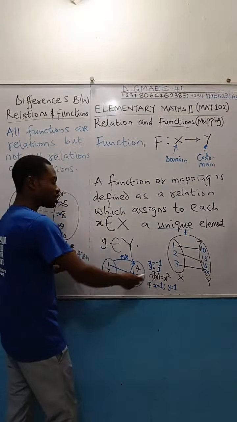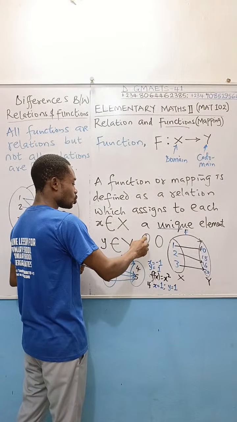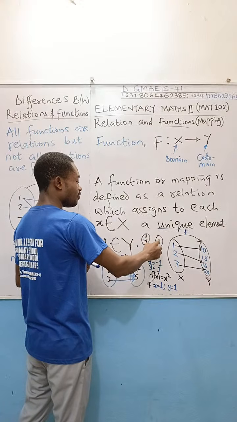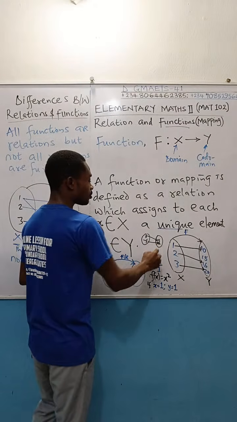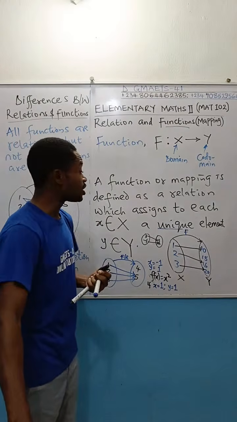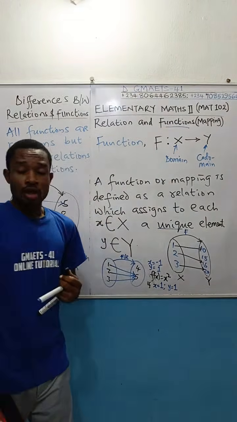If I sketch this function, I used 1, I used minus 1, and both of them gave me the same value, 1. So it is possible. This is a function, all right?